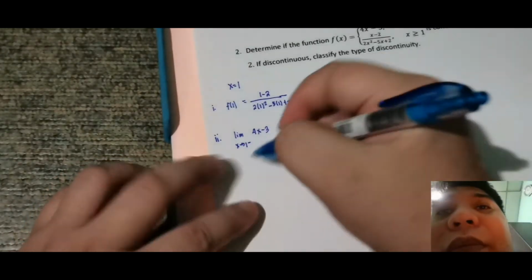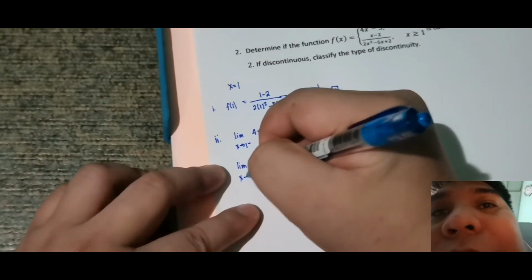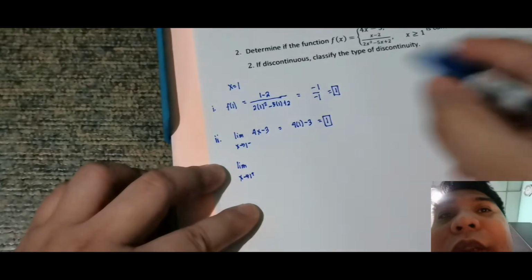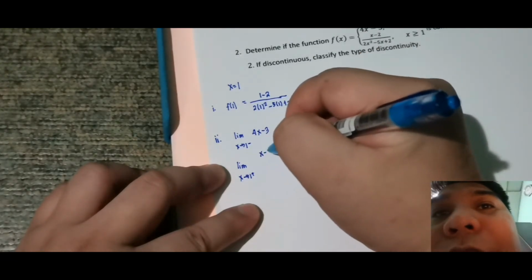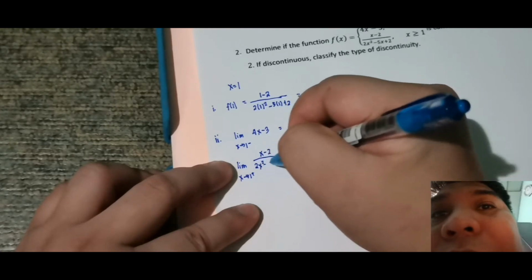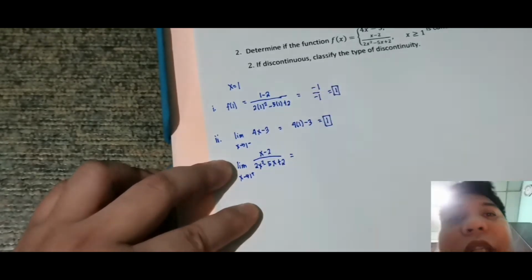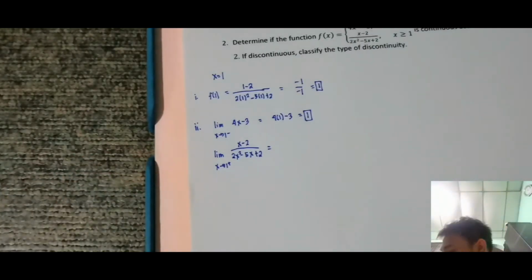Okay, next yung limit niya from the right. So x approaches 1 from the right, that is x minus 2 over 2x squared minus 5x plus 2. Check na natin kung may mapapactor tayo dyan.